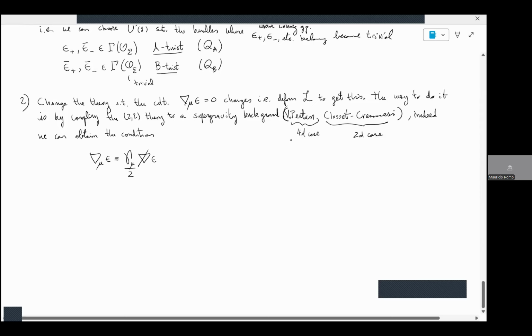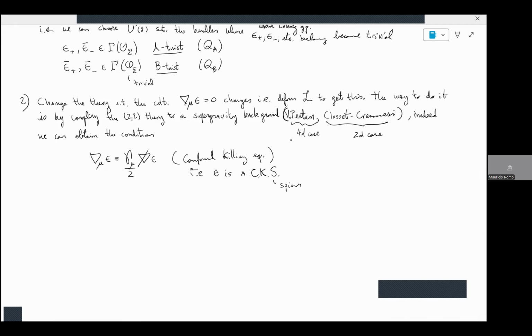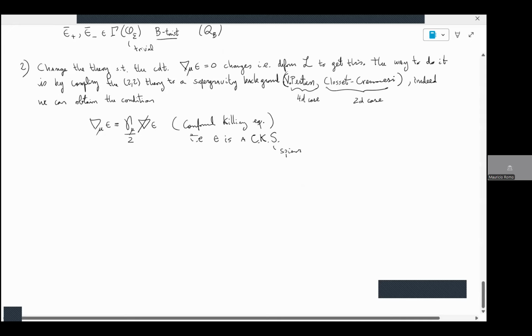There are many ways of writing this condition, but this one is what is known as the conformal Killing equation, which means epsilon is a conformal Killing spinor. This S means spinor. I can give you more details on how you get this if you want, but let me give you the punchline now.